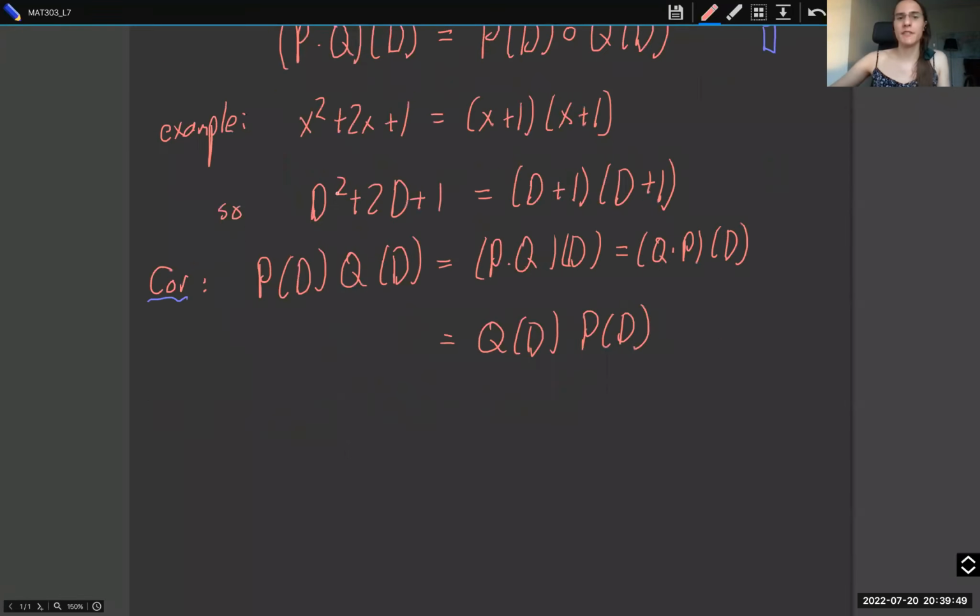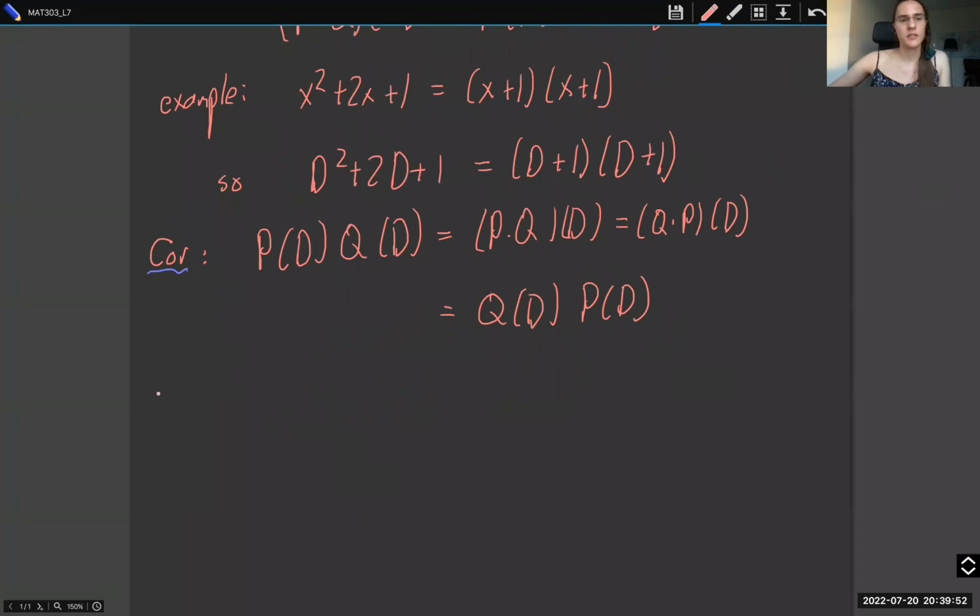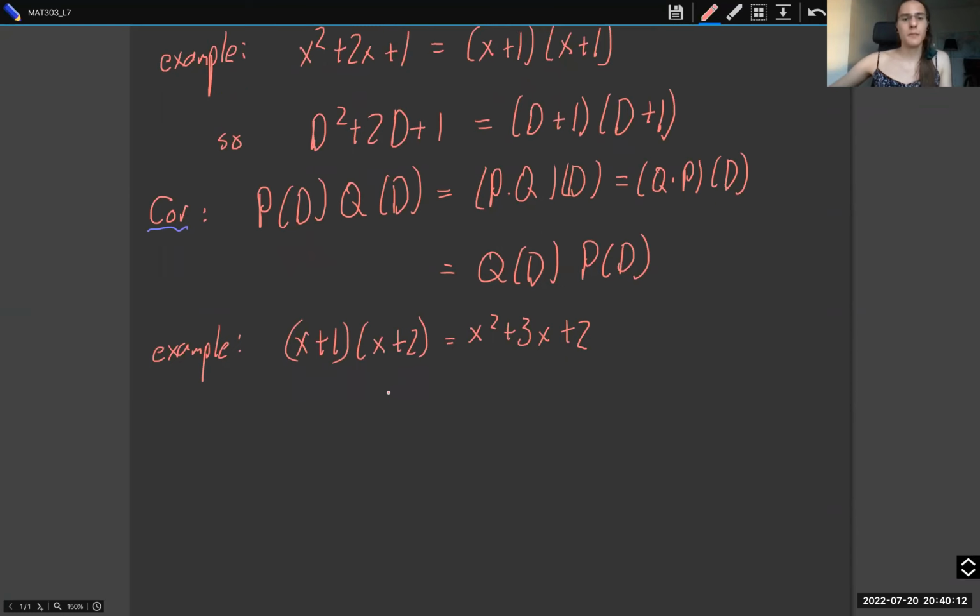So if we have something with distinct roots, let's say what happens if we take something like (x + 1)(x + 2). Well, that's equal to x² + 3x + 2, right? Well, actually, why am I even doing this? Why am I expanding this? I don't need to expand it.